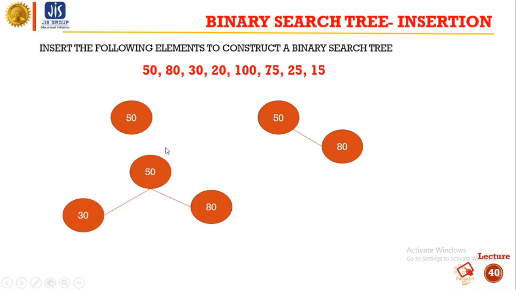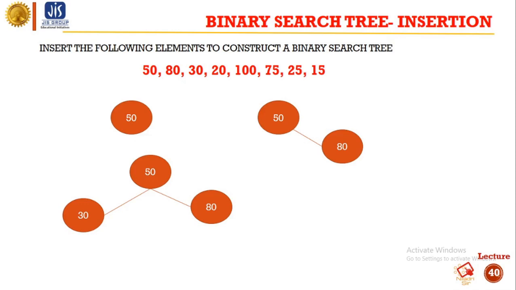The next element we want to insert is 20. We start from 50. We check whether the element we want to insert, 20, is greater than 50 or not. The answer is no, 20 is less than 50.